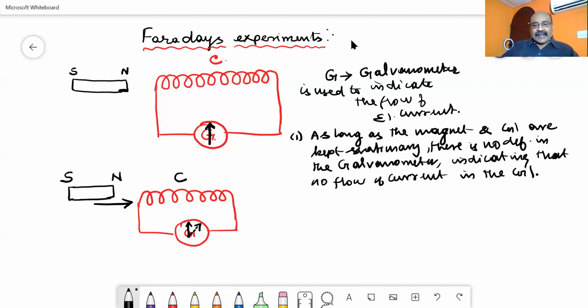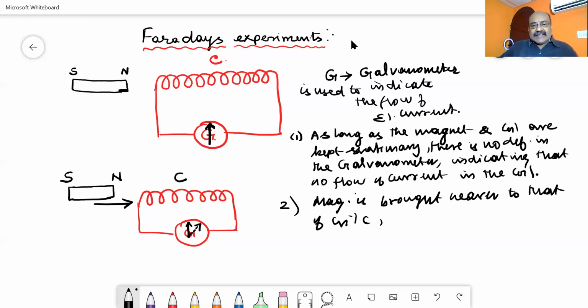So the second one: when the magnet is brought nearer to the coil C, there is a momentary deflection.